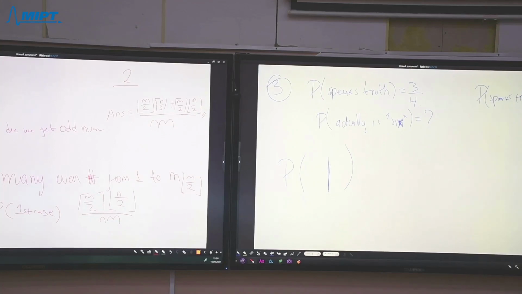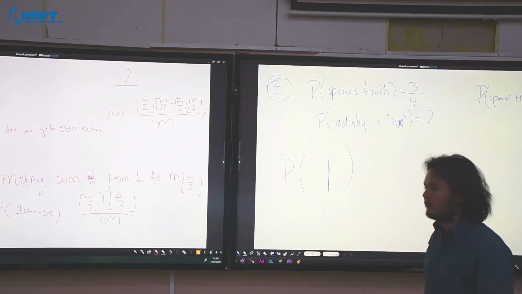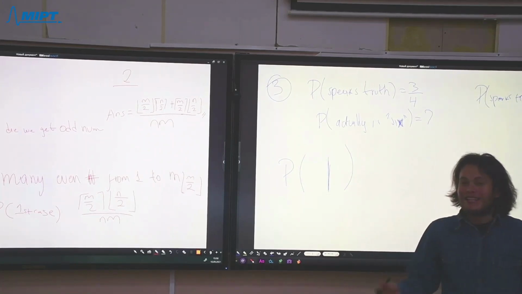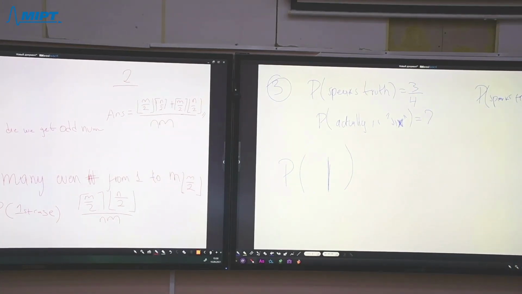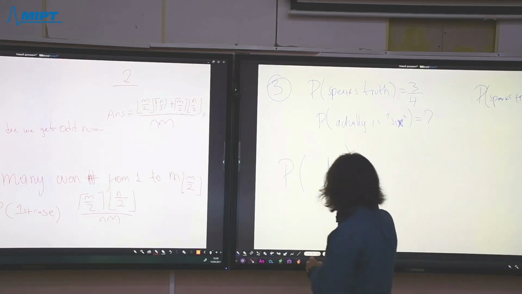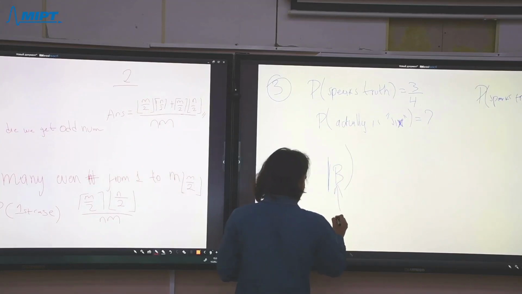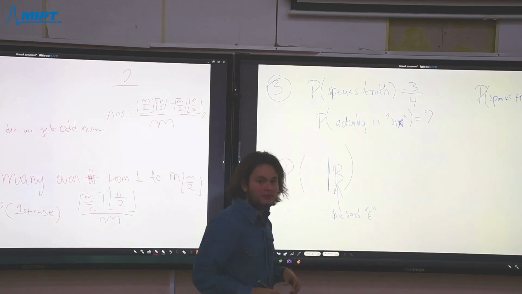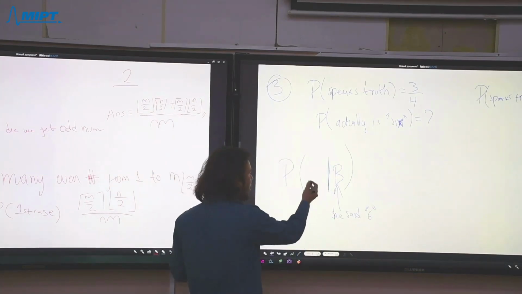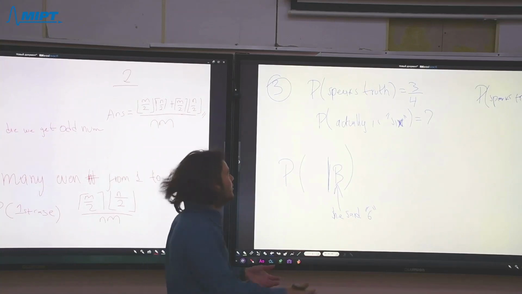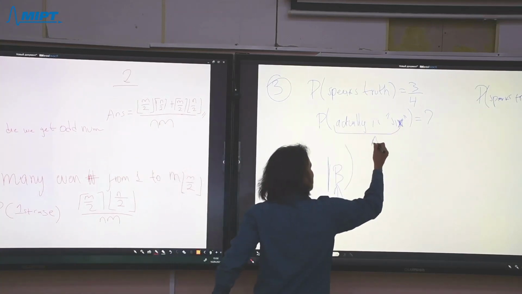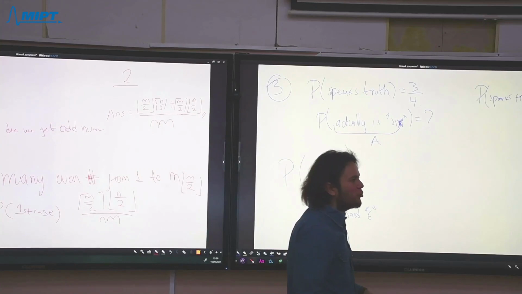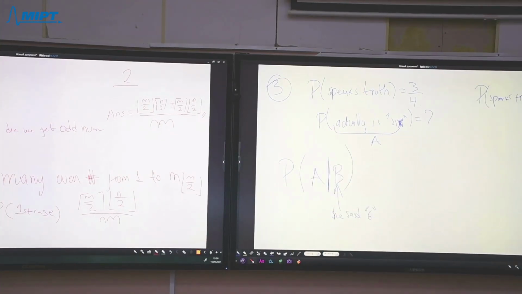We know that he said that he got 6. So let's call B that he said 6. And we want to know the probability that actually it's 6. So let's call this event A. So we want to find the probability that actually he obtained 6 if he's telling us that he got 6, right?